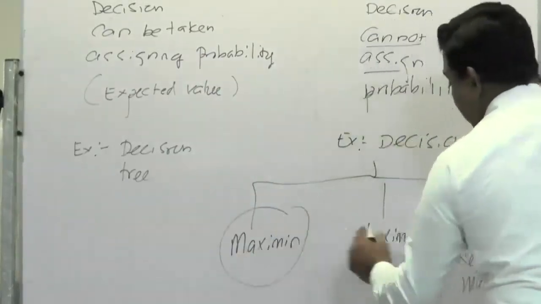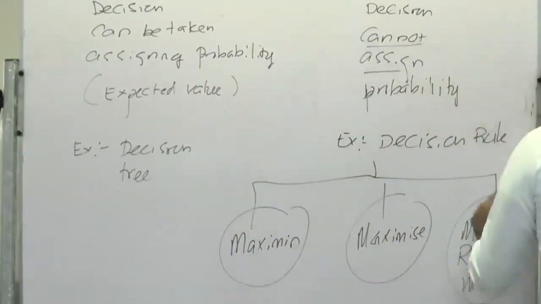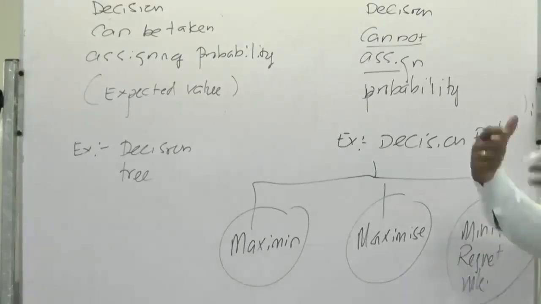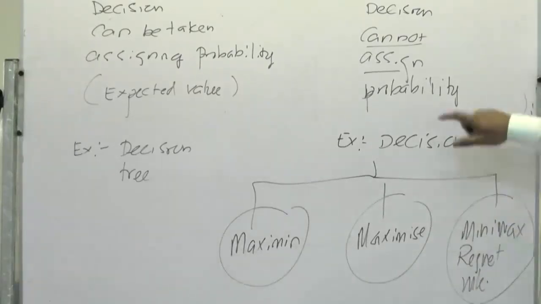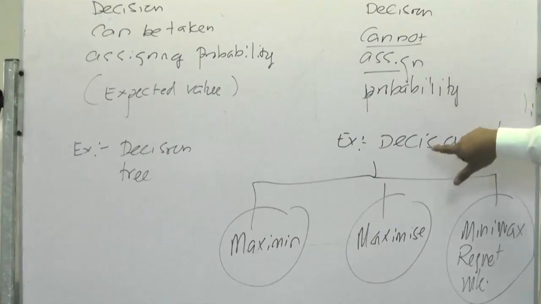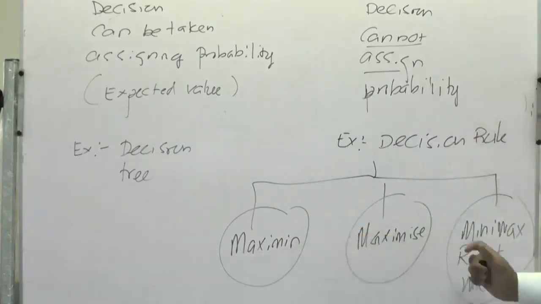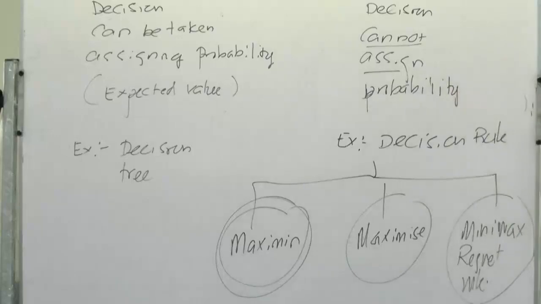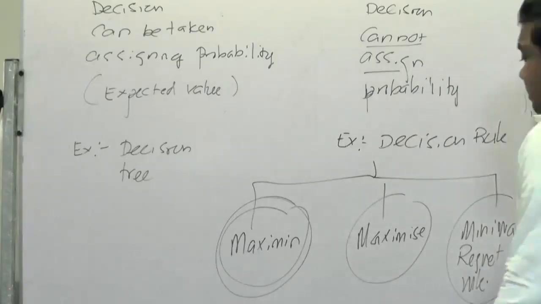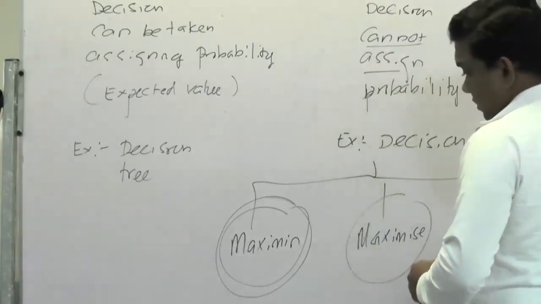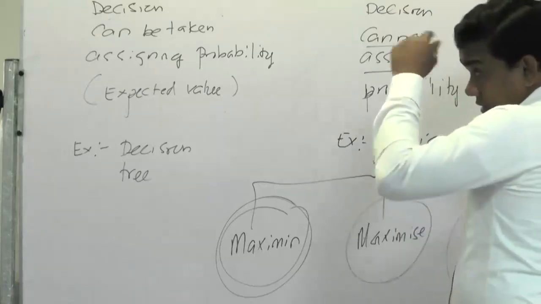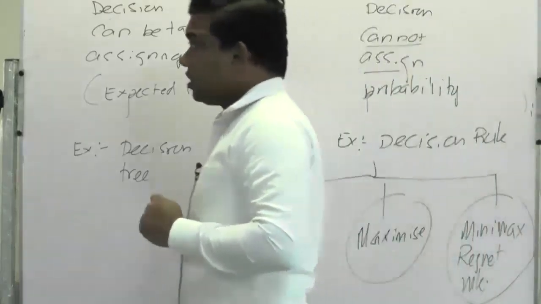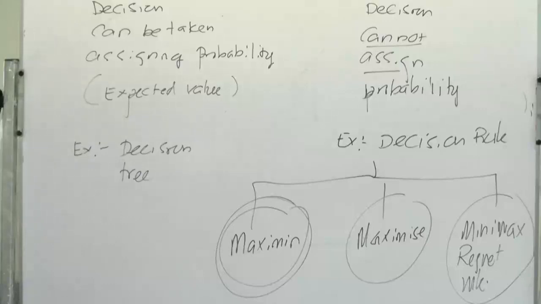These are 3 techniques of getting decisions where you can't assign probabilities. Where you can't assign probabilities, you will use decision rules. Let's see what these decision rules are. What is maxi-min? I will take the study text to explain maxi-min.